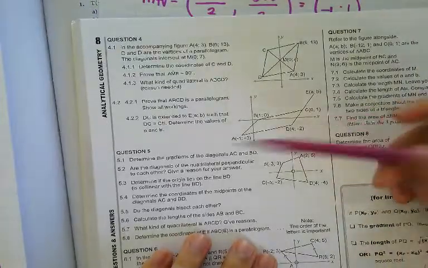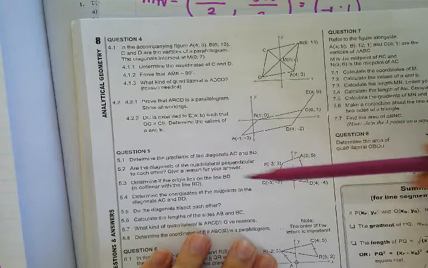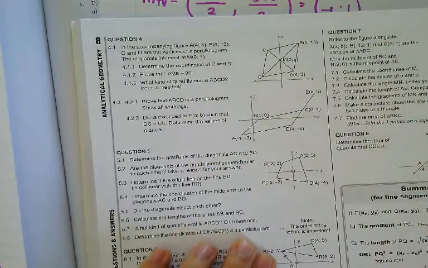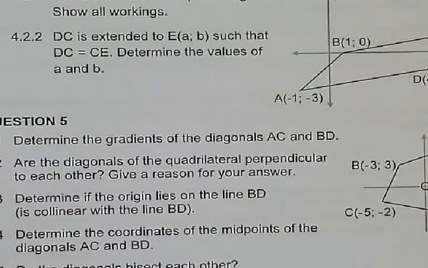Determine if the origin lies on the line BD. And then they give you a tip, is it collinear with the line BD? So what do we do when things are collinear? What do we need to know? They lie on the same straight line.